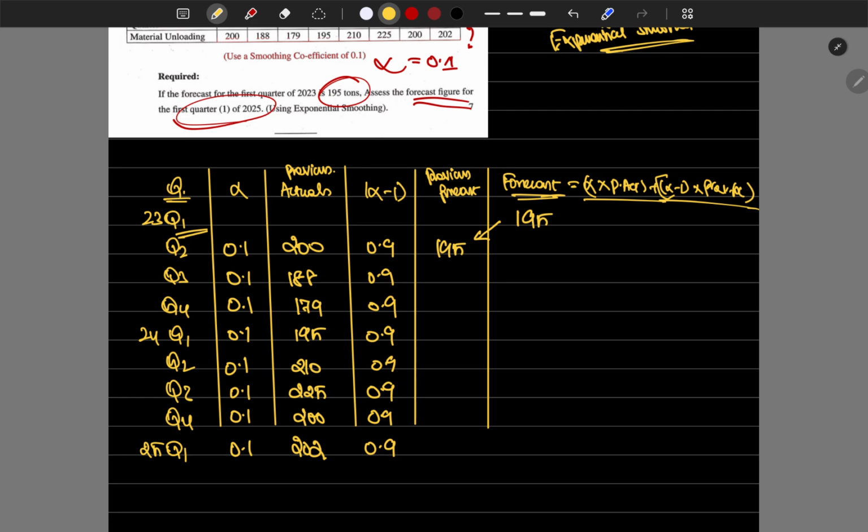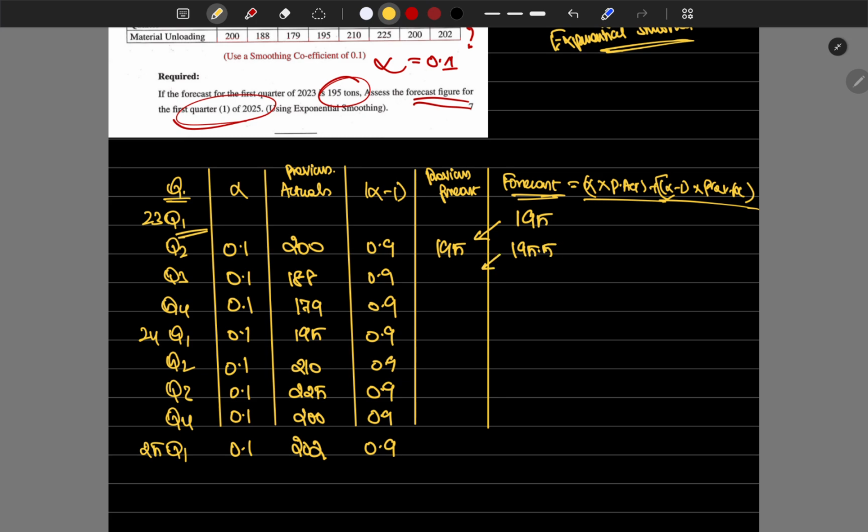So 0.1 into 200 plus 0.9 into 195 gives 195.5.